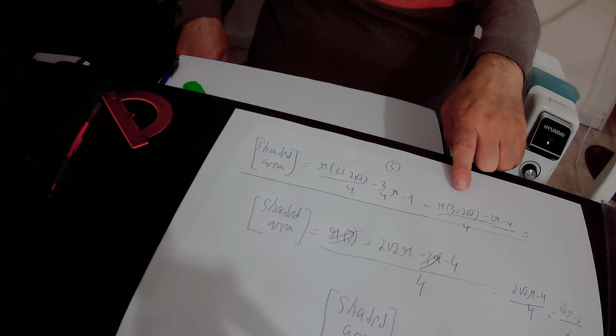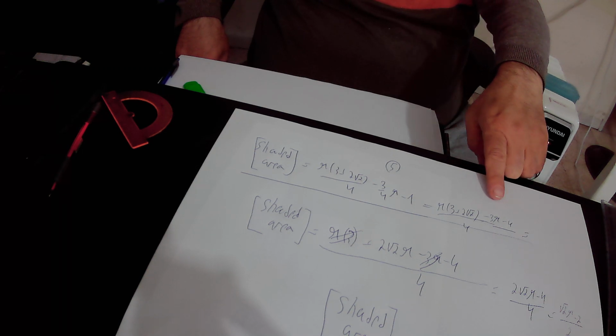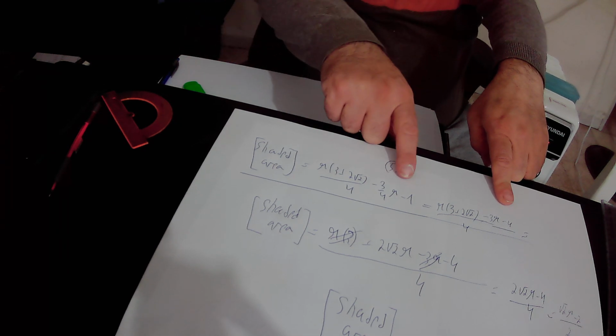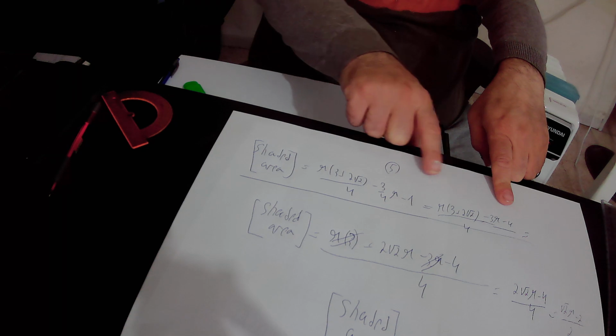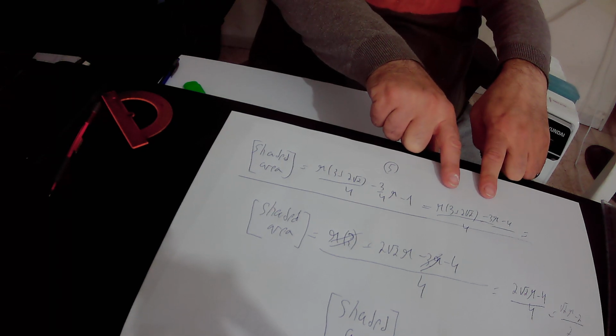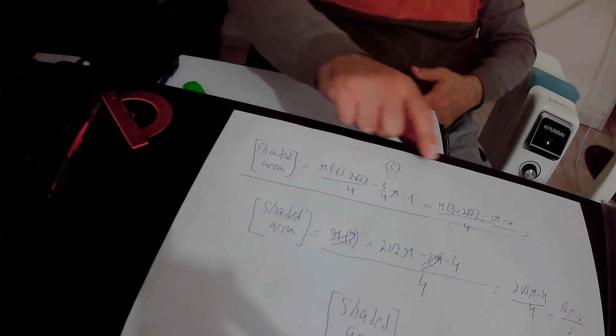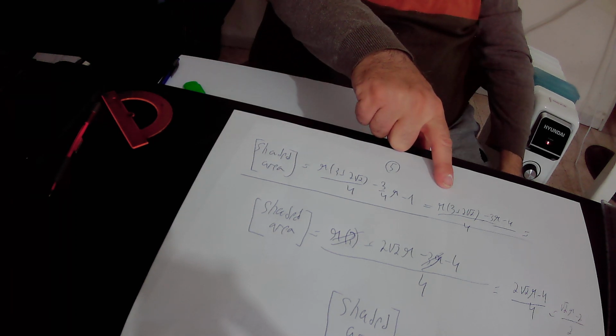Inside the brackets we have 3 plus 2 times root of 2 minus 3 pi. And here we multiplied minus 1 by 4 and then divided it by 4 in order to account for a common factor with the other two expressions. So for the value of the shaded area, here we open the brackets in this expression.